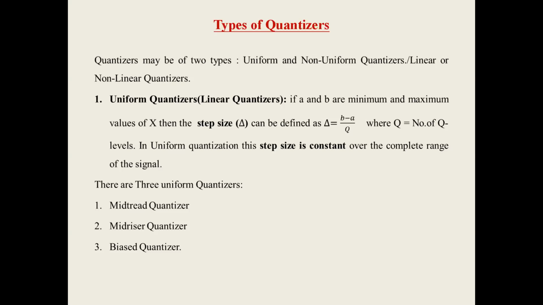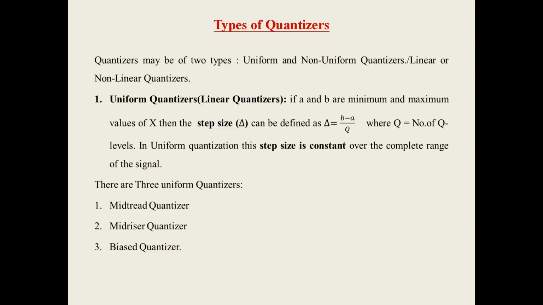The minimum value of this signal X is a, I am assuming, and the maximum value is b. Then the step size is defined as delta, which is equal to (b minus a) by Q. That is, upper value minus lower value by Q, or maximum value minus minimum value by Q, where Q is the number of quantization levels.